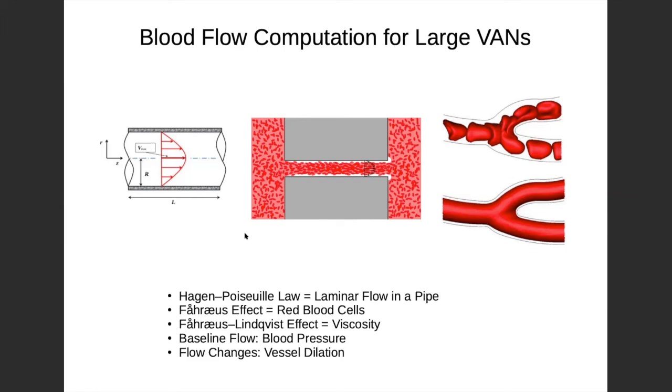Then there is one very important physiologic effect that I never heard of. Before I worked in this project, I did fMRI for several years, but I never heard of the most fundamental effect concerning blood flow, the so-called Fåhræus effect that is visualized here.